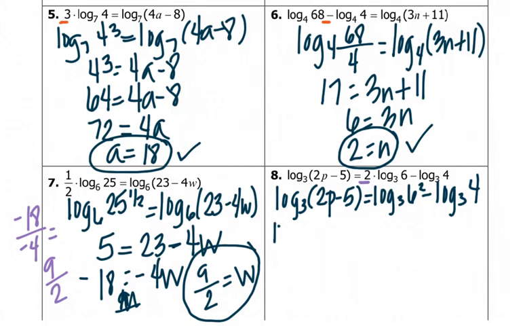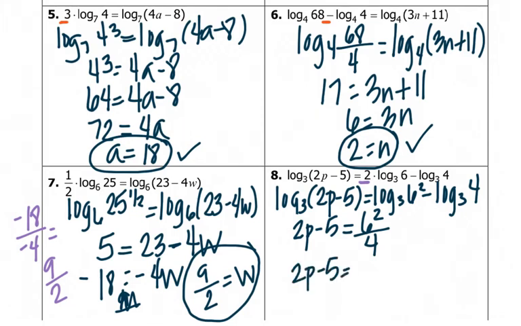You have to divide. So then we're just going to write 2p minus 5 on this side. And then over here, we are going to have 6 squared divided by 4. So from there, we bring 2p minus 5 down. 6 squared is 36. 36 divided by 4 is 9. And then we solve the two-step equation, and we get p equals 7.